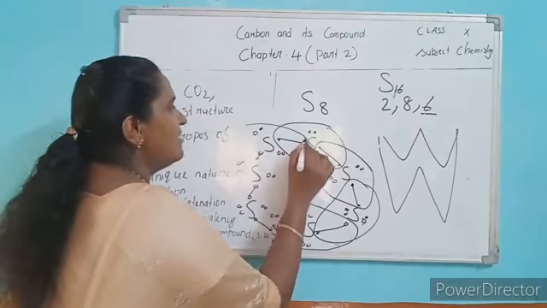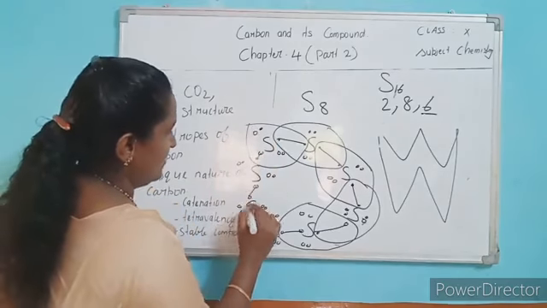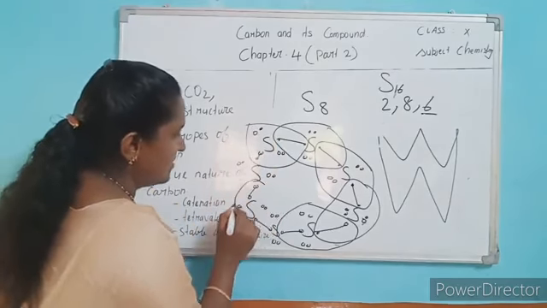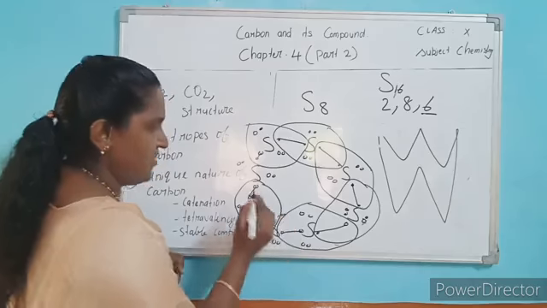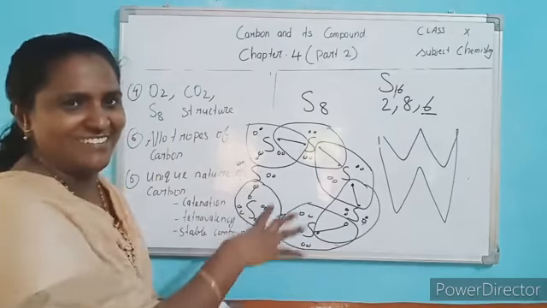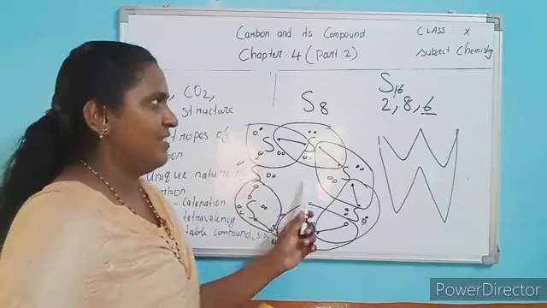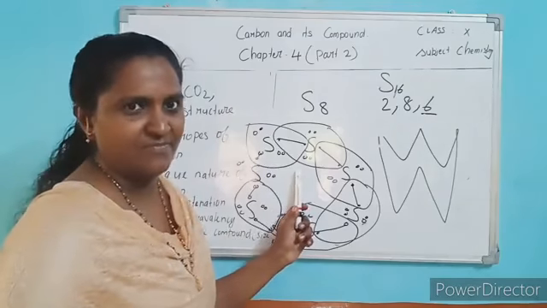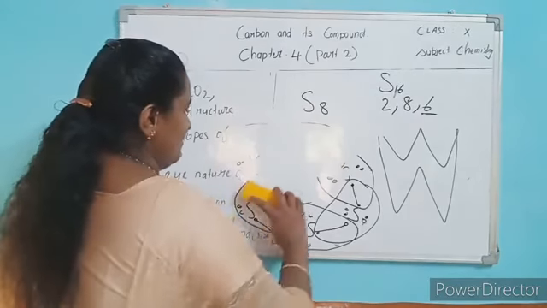Okay? Like that you draw accordingly. And I drew the structure like a circle. This is not proper, you draw properly, okay? This is one structure of sulfur S8, a round structure. Okay?